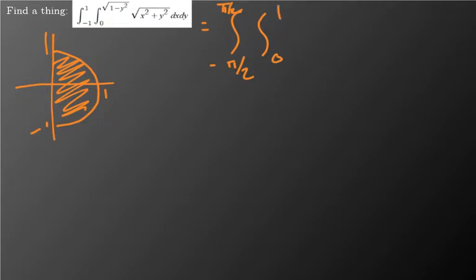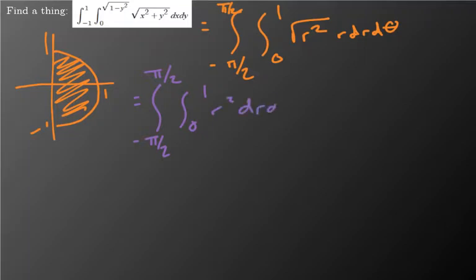And so then you have square root of r squared in there, and then an r dr d theta. And so this thing that looks really scary actually simplifies to, I guess I'll just copy that part over for right now. You would have square root of r squared is r, then r times r is r squared, and so you have r squared dr d theta.